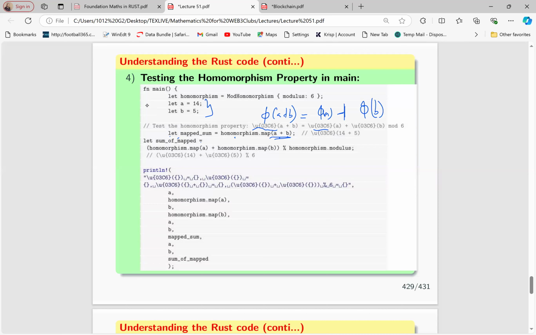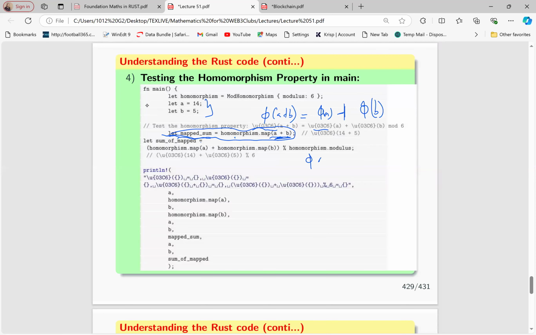Now it wants to calculate it, and it's telling you that we would then take let mapped sum, this is the left side. It ends here. So that is 5 times a plus b.